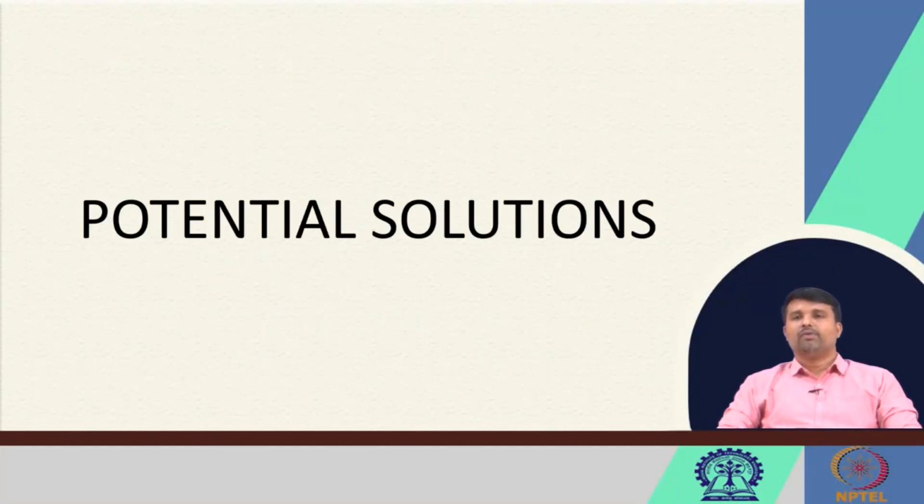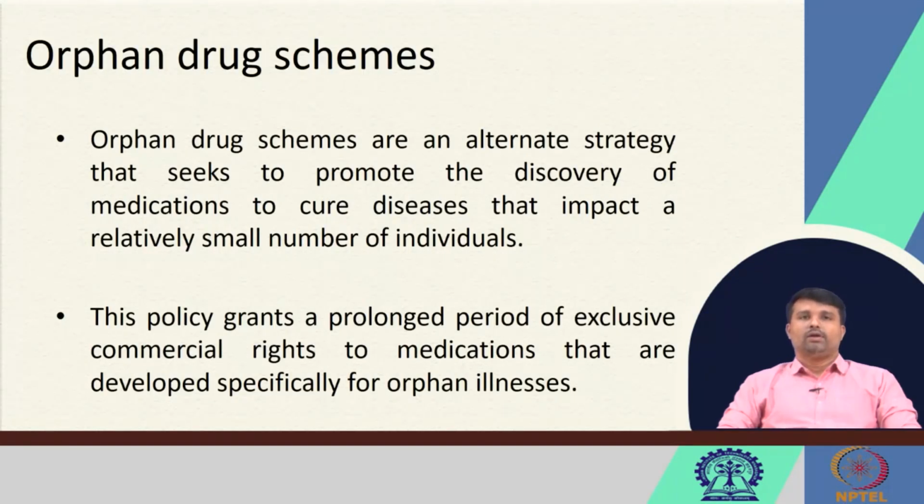Now let us see what the potential solutions are. Let us start with orphan drug schemes. Orphan drug schemes are an alternative strategy that seeks to promote the discovery of medications to cure diseases that impact a relatively small number of individuals.